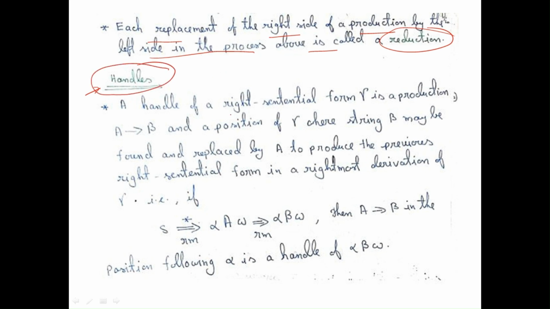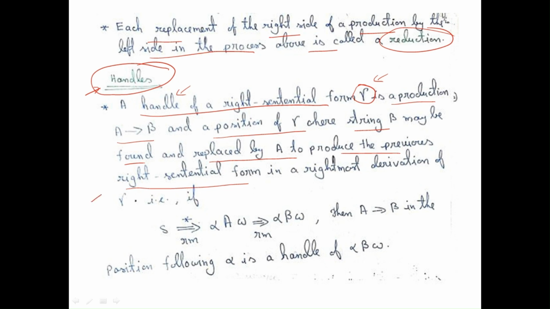Now coming on to the next important fact, handles. A handle of a right sentential form gamma is a production A is rewritten as beta and a position of gamma where string beta may be found and replaced by A to produce the previous right sentential form.